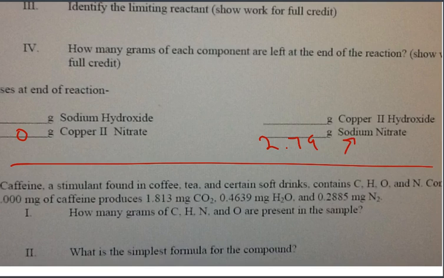Now I need to figure out the sodium hydroxide and the copper 2 hydroxide. I'm going to start first by solving for one of my products. The only other product I have left is grams of copper 2 hydroxide.